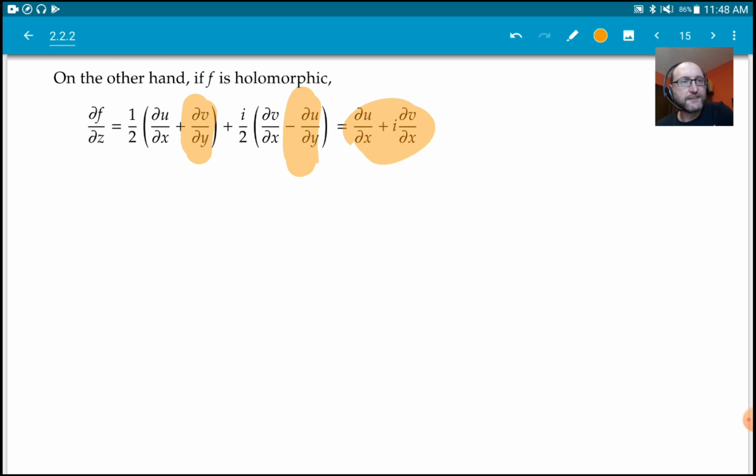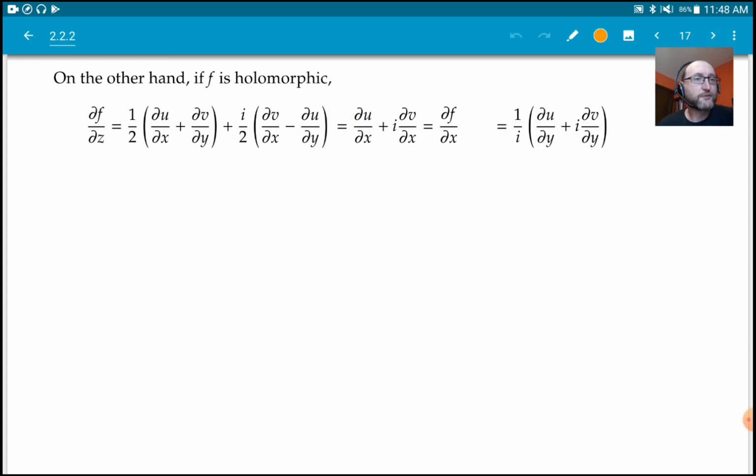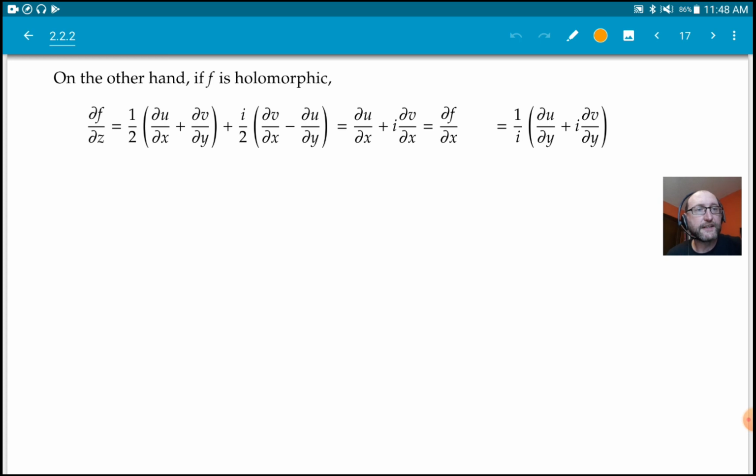That's just the x derivative of f, right? Now, as long as f was holomorphic, that's what I assumed, that's what I used in this equality. Now, another way of writing it is I could go from here or from here.